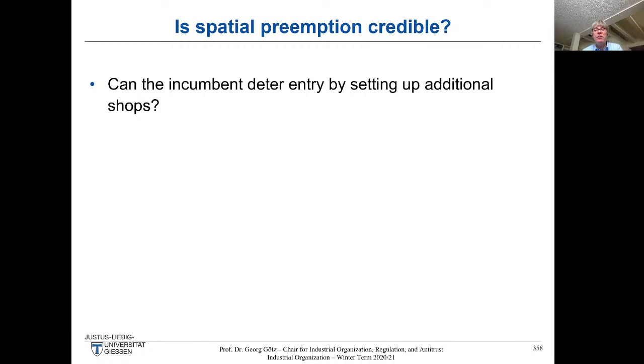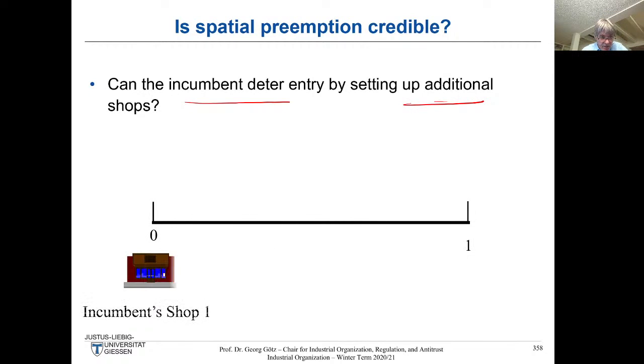There's a very interesting paper by Ken Judd in the Rand Journal of Economics, published in 1985. It's called Credible Spatial Preemption. So the question is, can the incumbent deter entry by setting up additional shops? Just to be clear what I mean here.